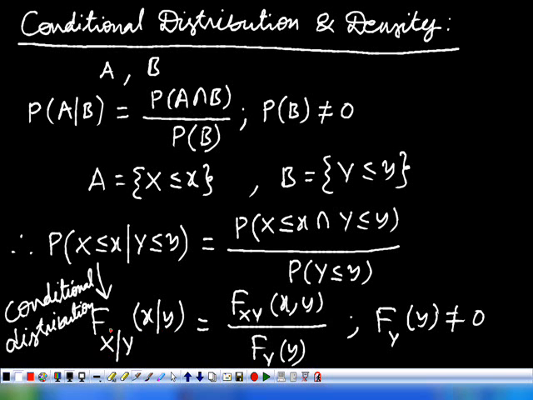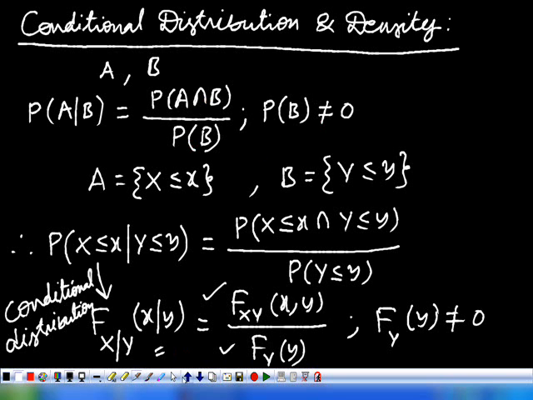We can say that it is the probability of the random variable X taking values less than or equal to x given that Y is taking values less than or equal to y. That can be obtained from this. This indicates that if you know the joint CDF and the marginal CDF, we can evaluate this. Similarly, if you change the role of A and B, then the probability of B given A is equivalent to the probability of A intersection B divided by the probability of A, with the probability of A not equal to 0.